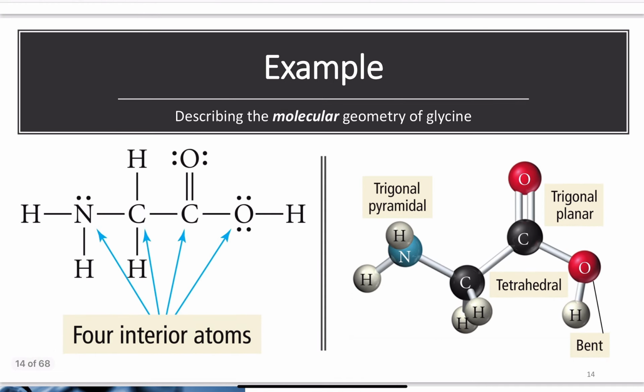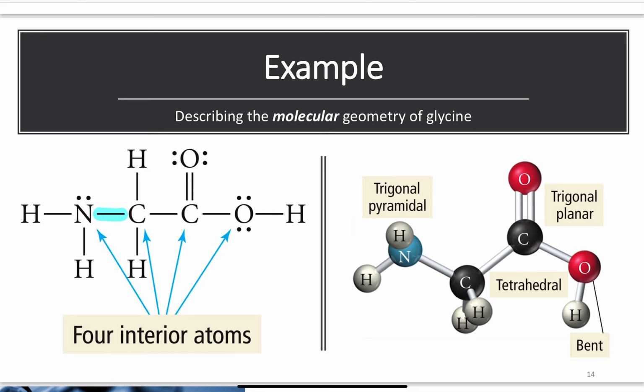Example, describe the molecular geometry of glycine. We have 4 interior atoms here: nitrogen, carbon, carbon, oxygen. What are the molecular geometries of each piece? And the answers are over here, yes, but let's look at them. Let's look at nitrogen first.